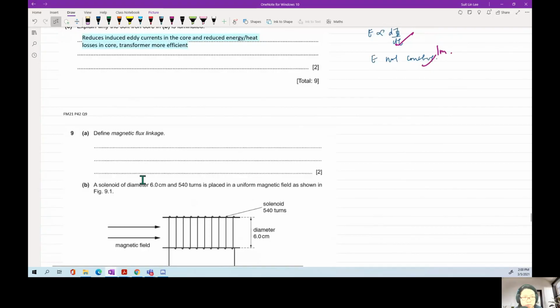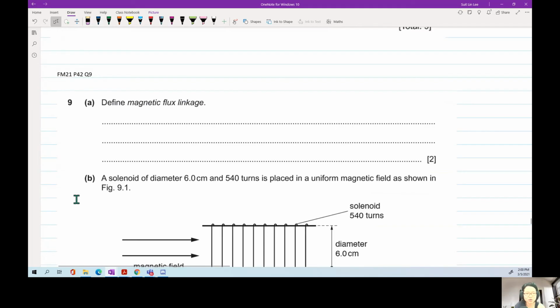Okay, so we're gonna start from the top again. Define magnetic flux linkage. For magnetic flux linkage, this one is flux, but times N. So we gotta write the equation now.